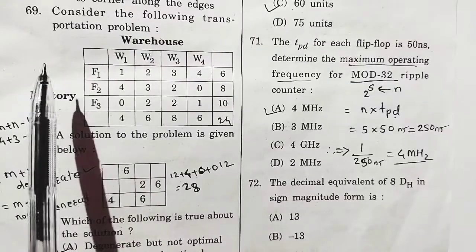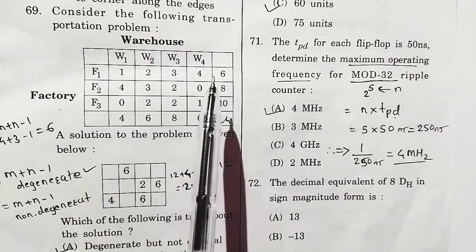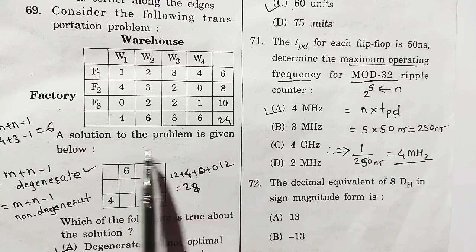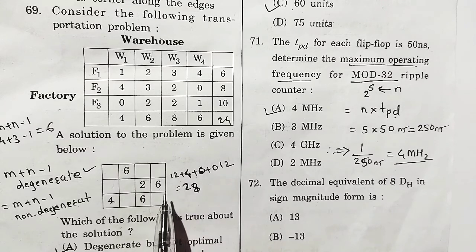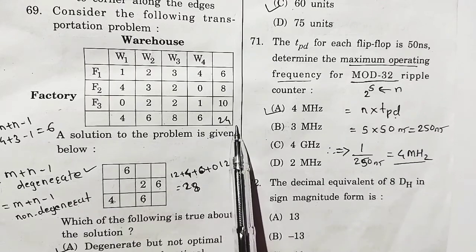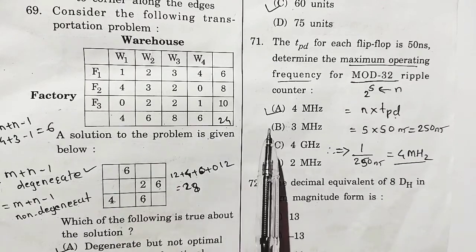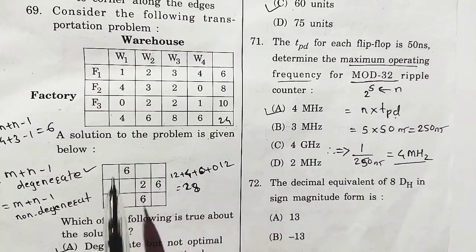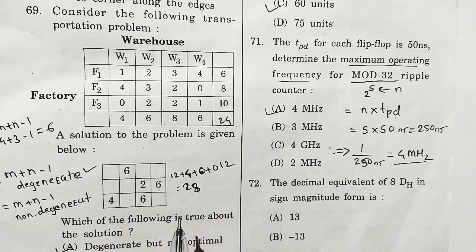Question number 69. Consider the following transportation problem. Here they have given us a transportation problem, and a solution for this problem is also given. Now here supply and demand are equal at 24, so the first step is correct. Here we have to check m plus n minus 1 to determine whether the given solution is degenerate, optimal or non-degenerate.